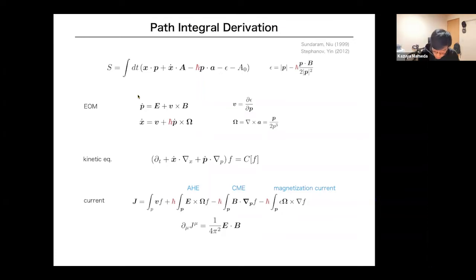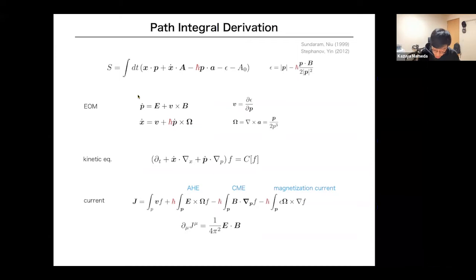Because this omega is given by this form, and we are talking about the chiral fermionic case, the momentum direction is the same as the spin direction.